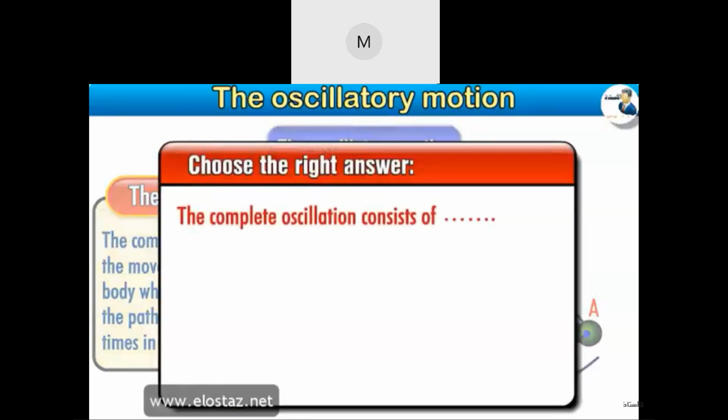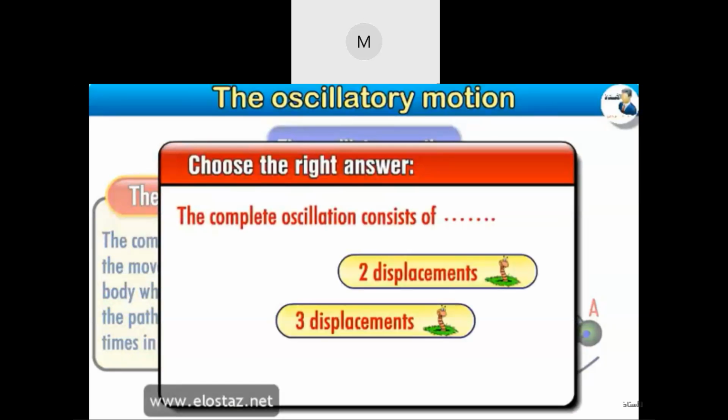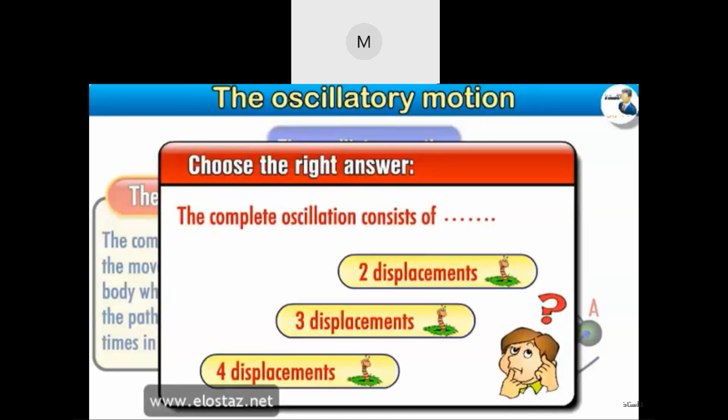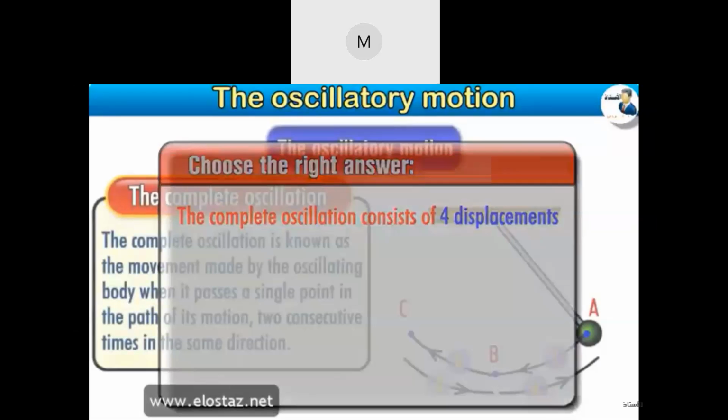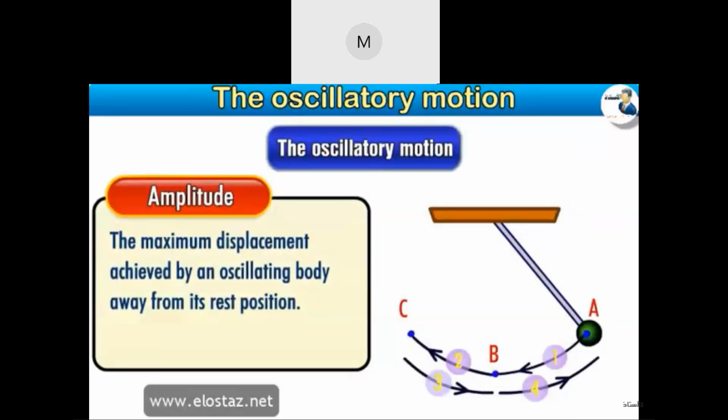The complete oscillation consists of 2 displacements, 3 displacements, or 4 displacements. Well done, 4 displacements. So we can define the amplitude as follows: the maximum displacement achieved by an oscillating body away from its rest position.